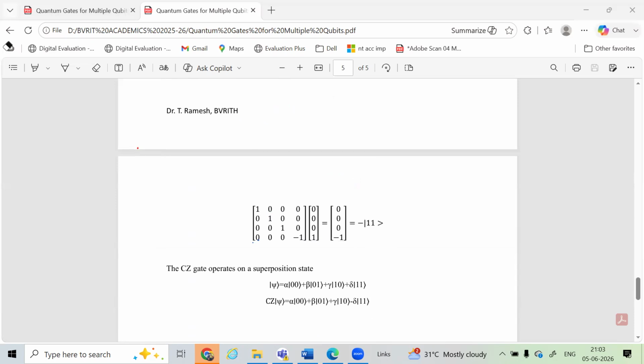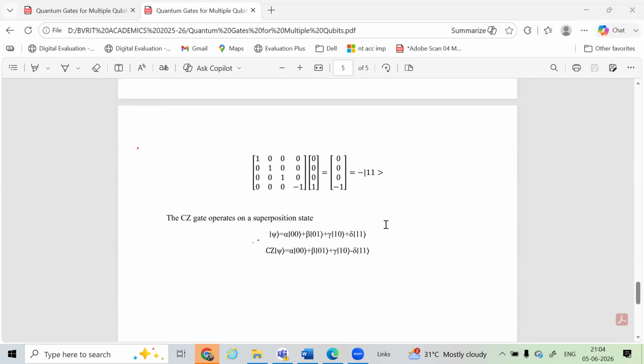This is the CZ gate matrix, operating on the 1 1 state. Then obviously we get the same value with a minus sign, which is nothing but minus of the 1 1 state. For example, if someone asks what will happen if the CZ gate operates on a superposition state, first we need to take the superposition state: alpha 0 0, beta 0 1, gamma 1 0, delta 1 1.